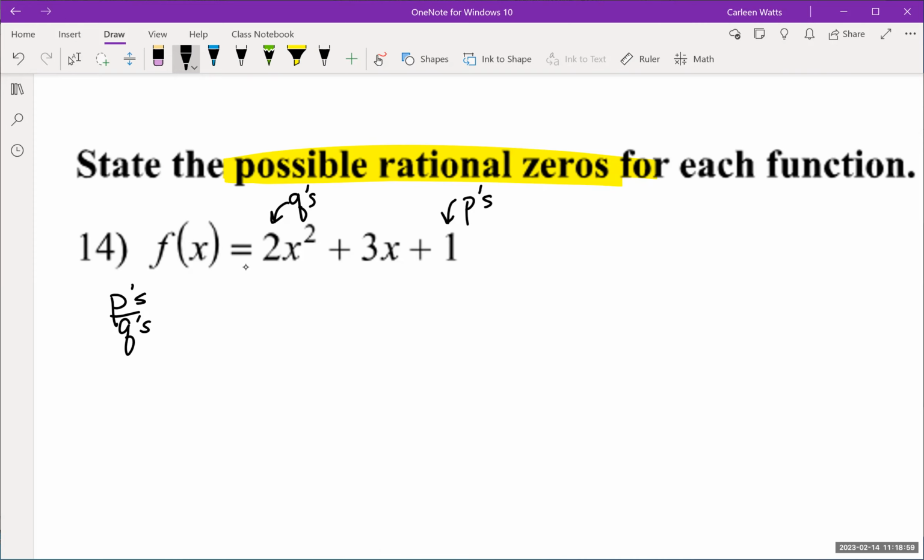So the P's, what are the factors of 1? Positive 1 and negative 1. The Q's, what are the factors of 2? Positive 1, negative 1, positive 2, negative 2. So when you see the phrase in the directions, possible rational zeros, you are going to think P's and Q's shake hands.